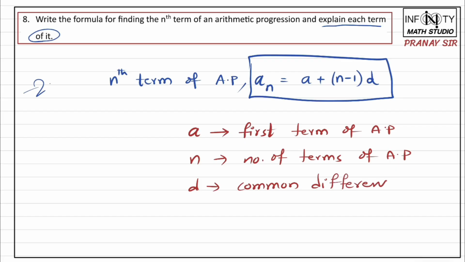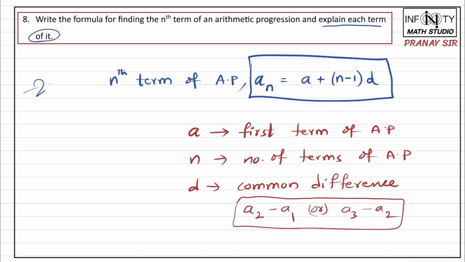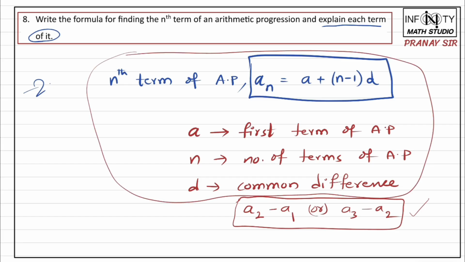Common difference we calculate as second term minus first term or third term minus second term. This formula is optional. To grab the attention of the evaluator, you can add this step also. Otherwise, this much is enough to get 4 out of 4 marks.